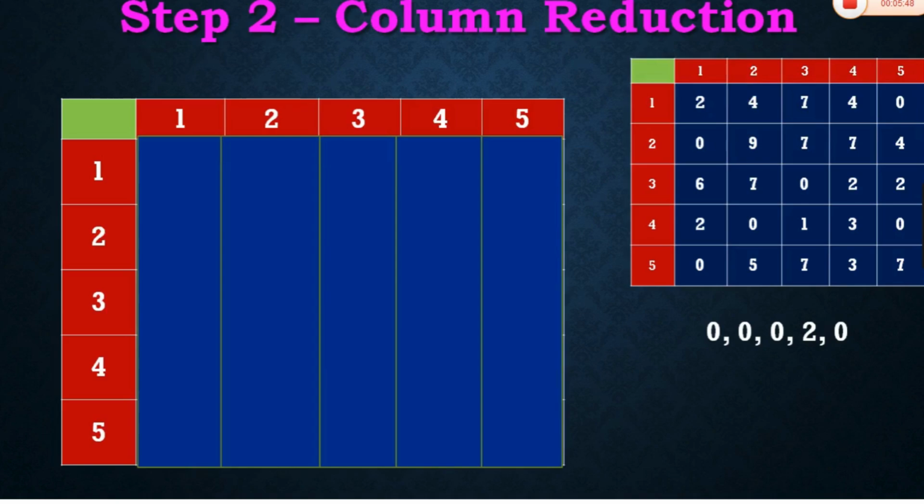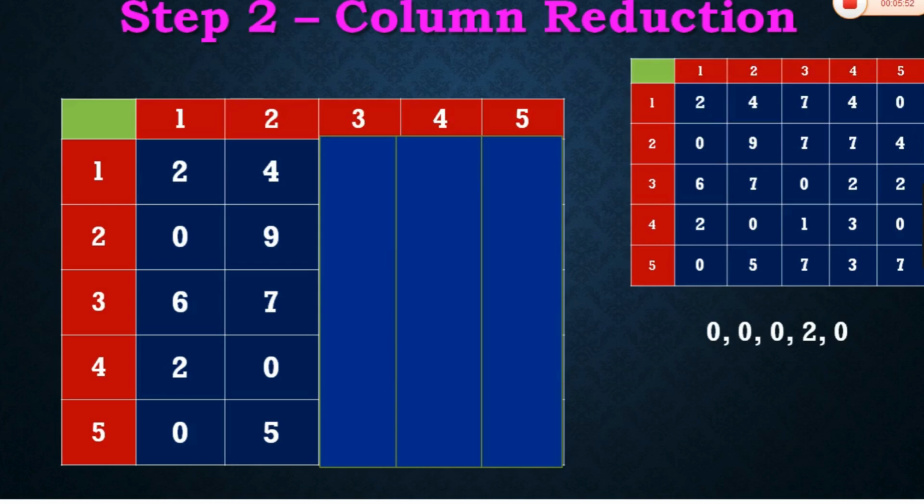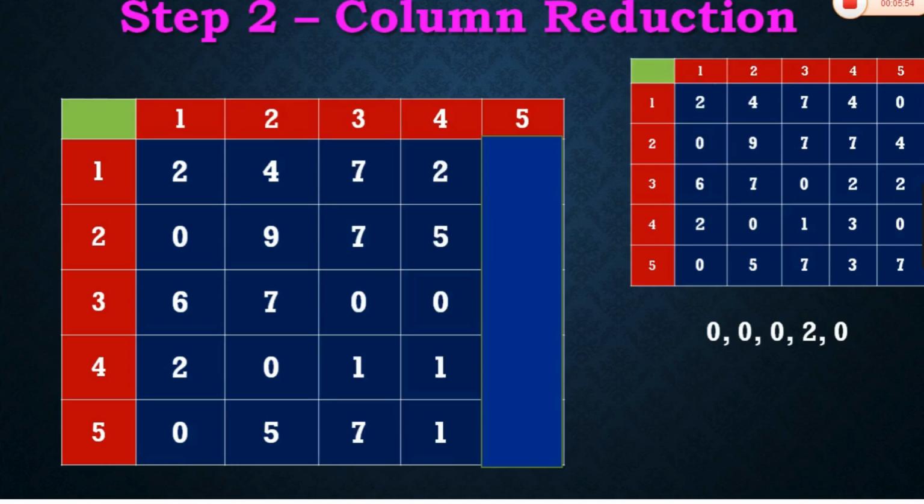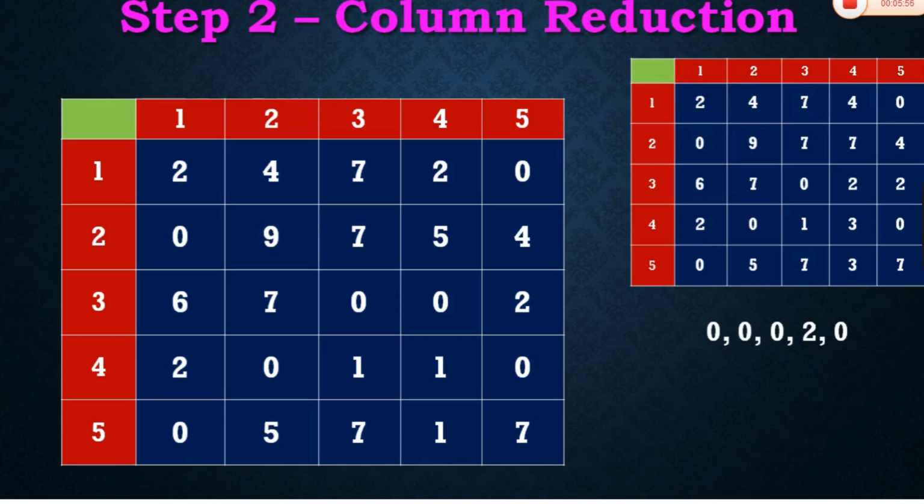No changes will occur in first column, second column, third and fifth column, because in these columns the minimum value is 0. Changes will occur in fourth column only, because the minimum value in fourth column is 2. Then we have to subtract 2 from the fourth column values.